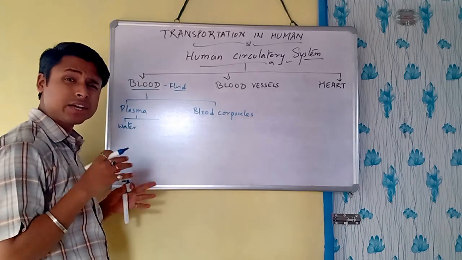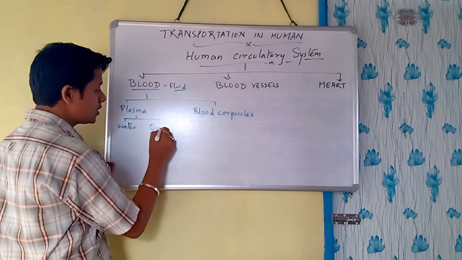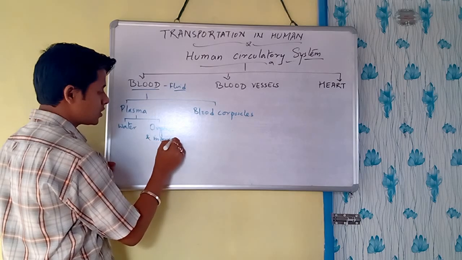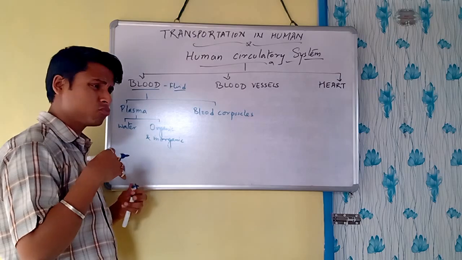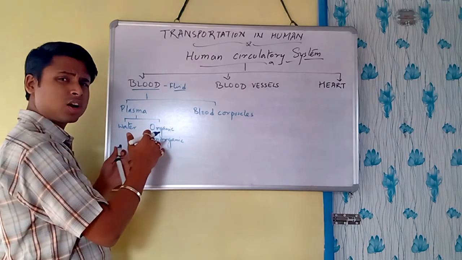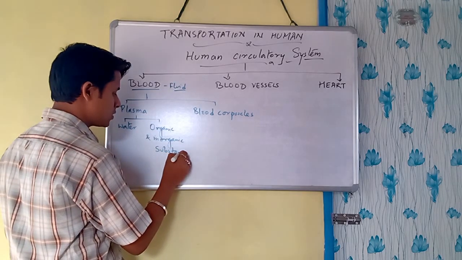It contains around 95% of water, and along with that it consists of organic and inorganic substances like food, waste materials, oxygen, etc. All of these are present in the plasma.